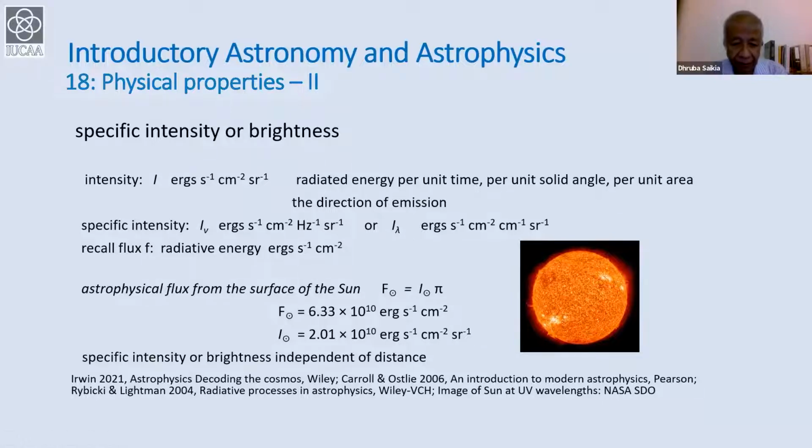Now this is a useful quantity because you can measure the brightness of an object without actually knowing the distance to the object. All you need is a measure of the flux density and the size of the object. That will give you an idea of the brightness of an object.